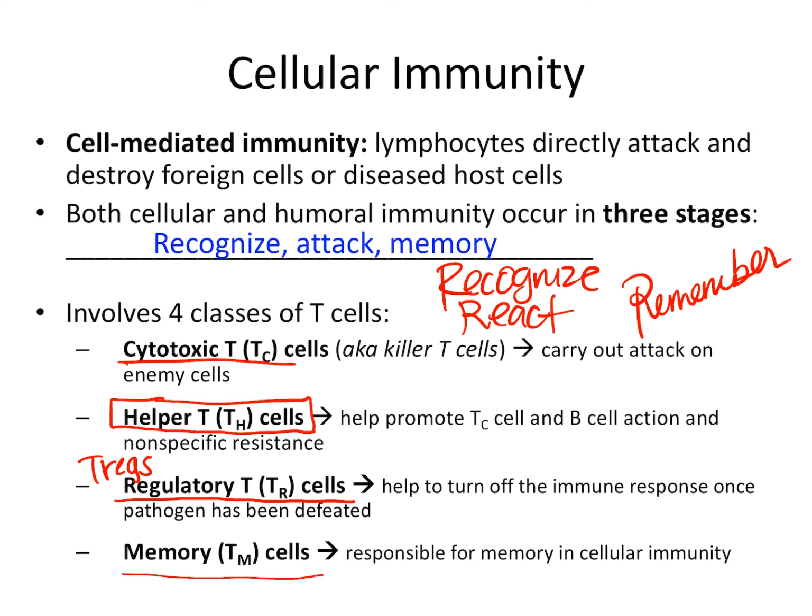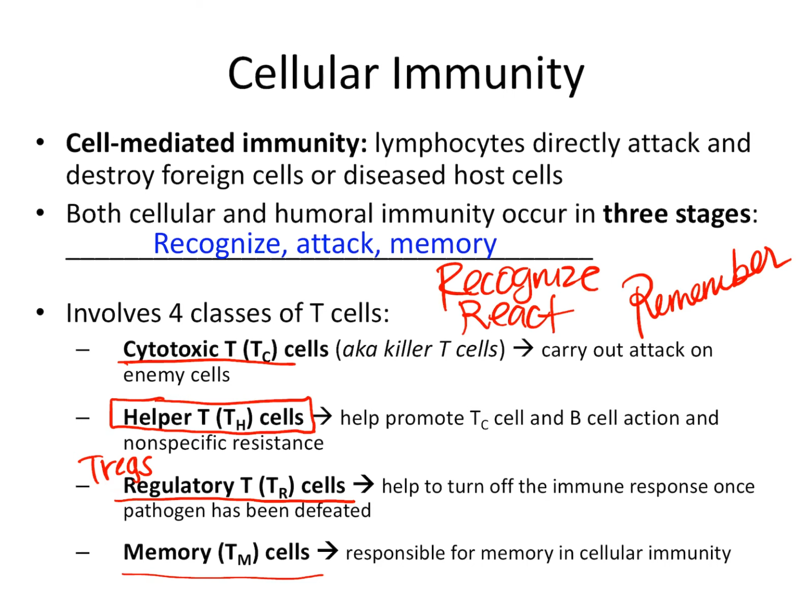Our cytotoxic T cells are the cells that actually do the direct attacking, and we'll see how they attack these other cells. Our helper T cells are sometimes considered the most important T cells, as they mediate and coordinate the responses of many other types of immune cells. Our regulatory T cells help turn off the immune response once the pathogen has been defeated.